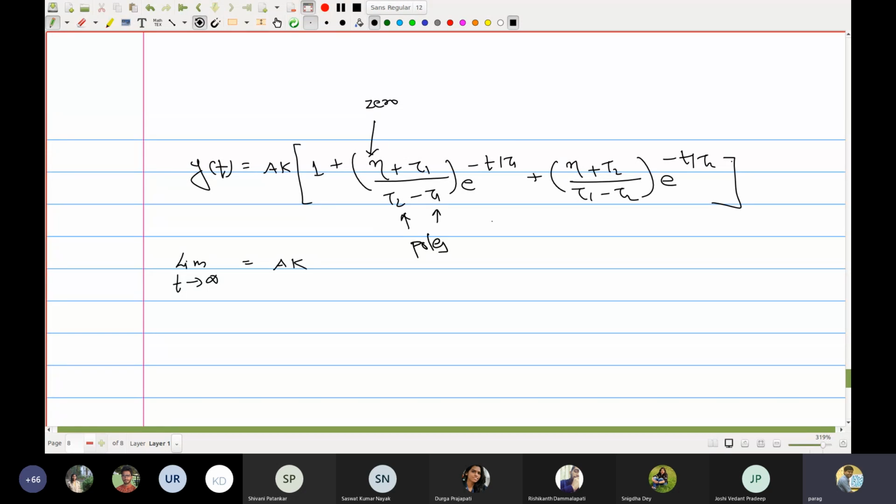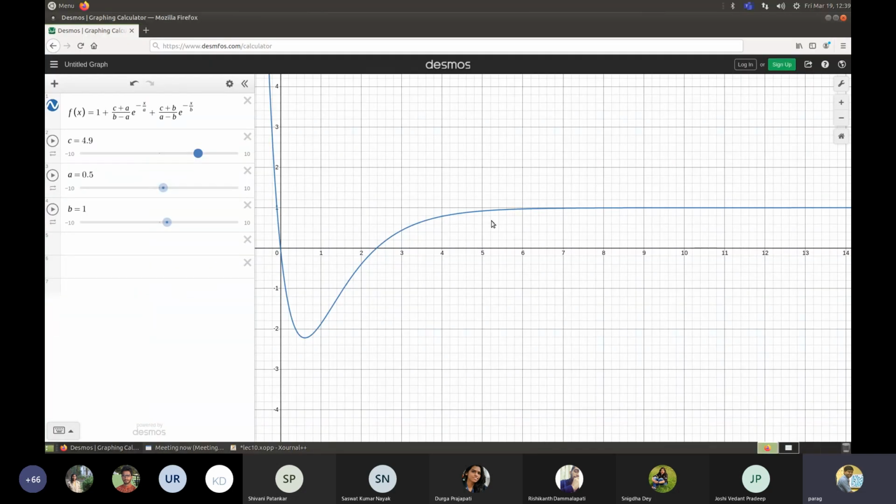And in general, for any dynamics, what is the importance of zeros and poles? Poles make the dynamics sluggish, zeros make the dynamics fast, right? Now you see here, C is a zero.